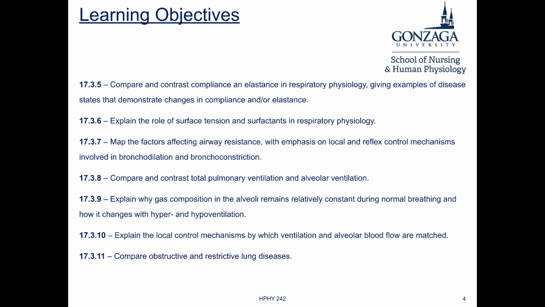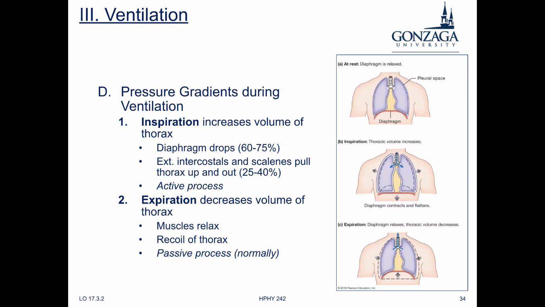Okay, so picking up from where we left off, in class we were discussing how the change in the thorax, so the chest cavity expanding or decreasing, is going to increase or decrease pressure, and that's going to influence airflow.